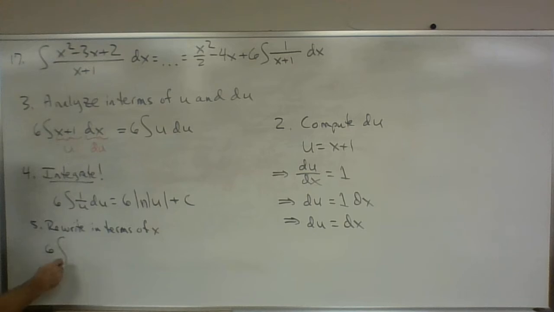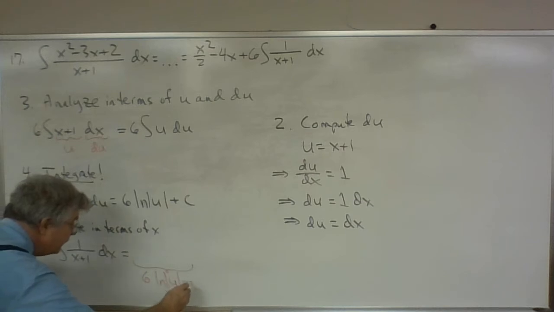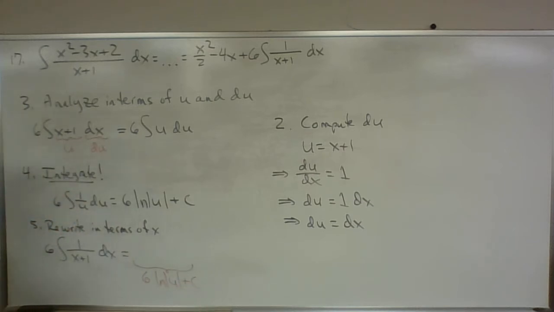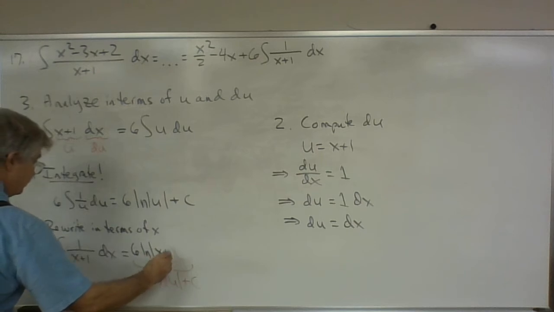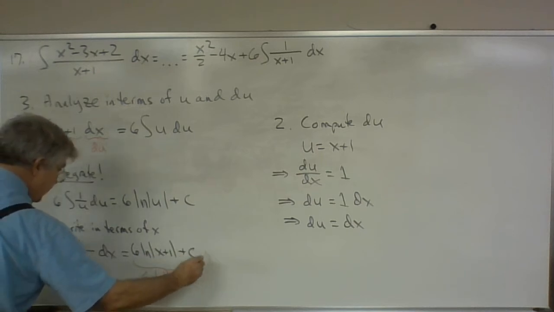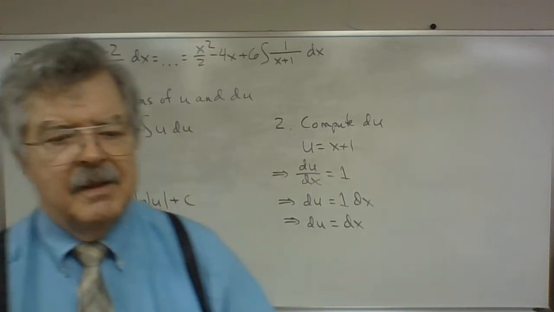I had 6 times the integral or antiderivative of 1 over x plus 1 dx equals, in terms of u, 6 natural log absolute value of u plus c. In terms of x, this is 6 natural log of absolute value of x plus 1 plus c. So we are just about ready to wrap things up here.